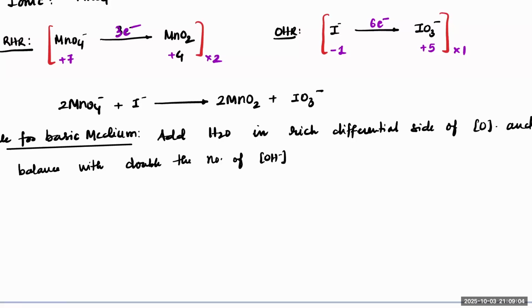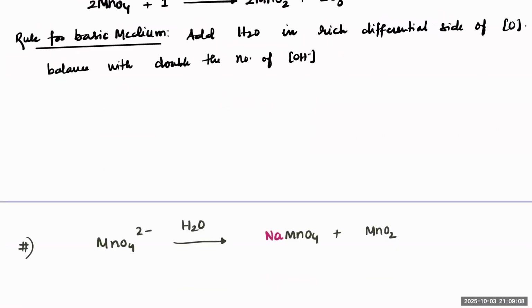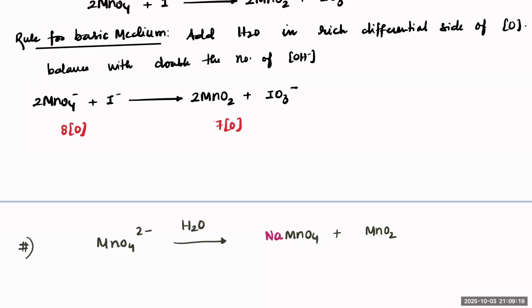So it's kind of opposite to what we have done for acidic medium. Let me show you. Left hand side and right hand side, how many oxygens do we have? 8 oxygens on the left hand side, 7 oxygens on the right hand side. So where is the rich side? Rich side is here. So on the rich side, you will be adding water. How much is the difference? 1. And on the deficient side, you will be adding double the number of OH minus.